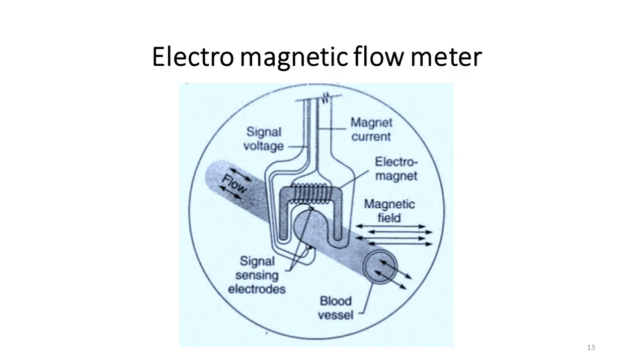This is another figure for the electromagnetic flow meter. You can see the electromagnetic flow meter is U-shaped, and it goes around the vessel and produces a magnetic field, and by producing a magnetic field we can find the voltage, and by assessing the voltage we can reach the blood flow in that vessel. The electromagnetic flow meter was introduced early, and it's not suitable now.